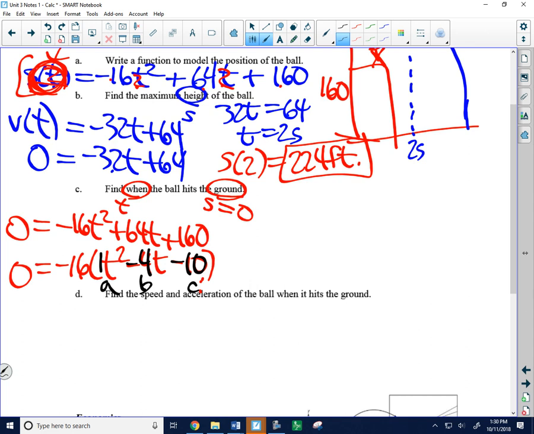So it's negative B, so it's negative 4, positive 4, plus or minus the square root of b squared. Negative 4 is b, so squaring that would be 16. Minus 4, and then a is 1, and c is negative 10, all over 2a, and 2 times 1 is 2.